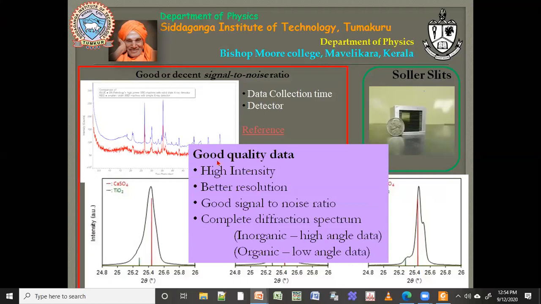There are some parameters that you care about when you go for data collection, not just the geometry I told you about. I told you to use smaller solar slits, and to use filters. Apart from that, the way you prepare the sample makes a very big impact on the data. I'm going to cover that also.